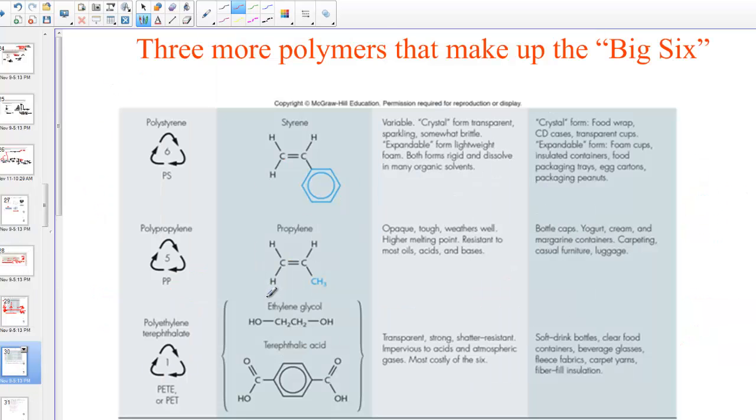So the purpose of the Big Six was to remind us that there are three more polymers that make up the Big Six. We have styrene, polypropylene, ethylene glycol, and terephthalic acid. Those are the monomers that we're going to learn create polyethylene terephthalate. This is by that condensation reaction. Alrighty. So we'll talk about that chemistry.